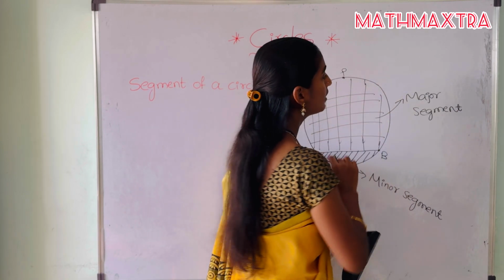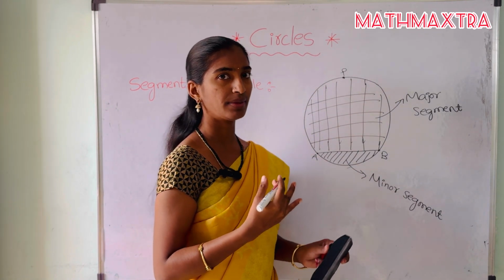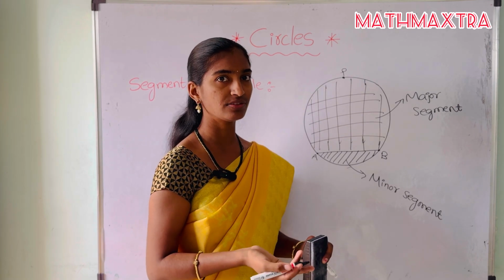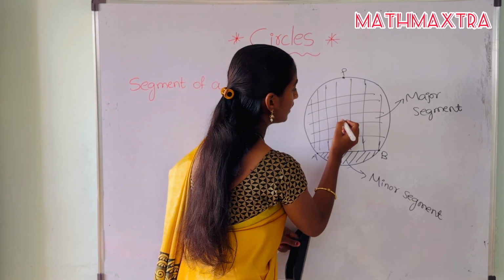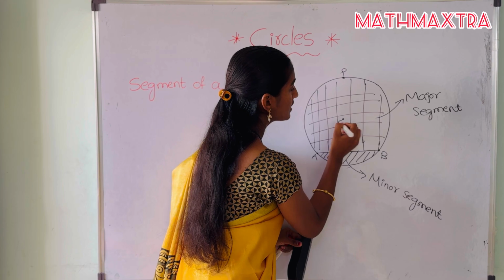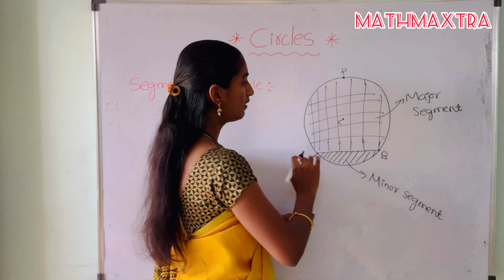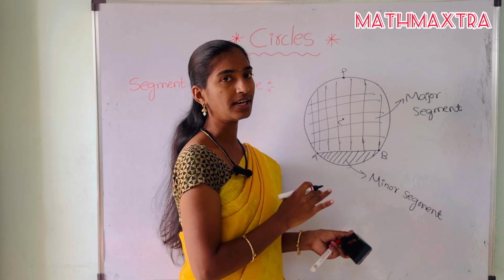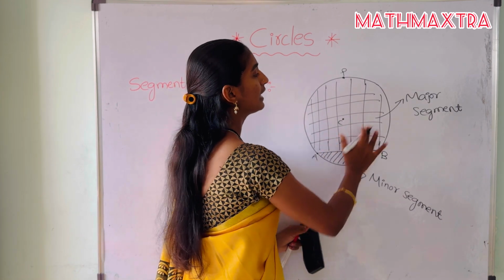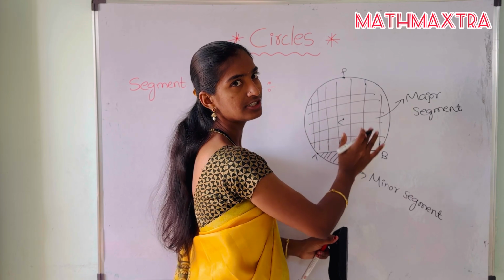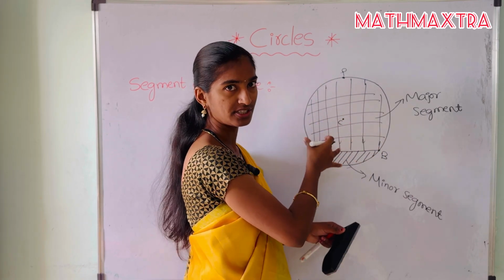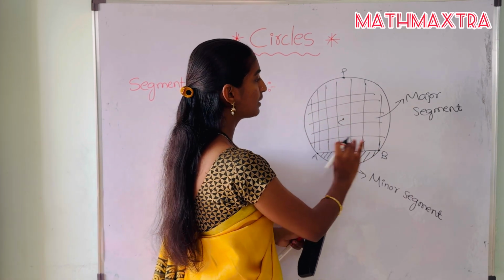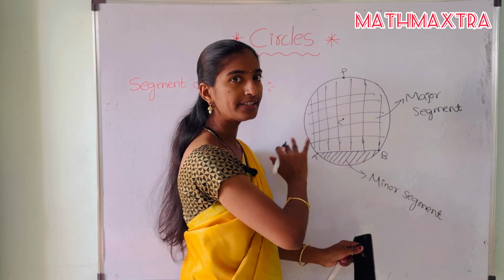We can also define major segment and minor segment in other words. If we locate the center of a circle, the segment is a part of a circular region, but it must be bounded by an arc and a chord.